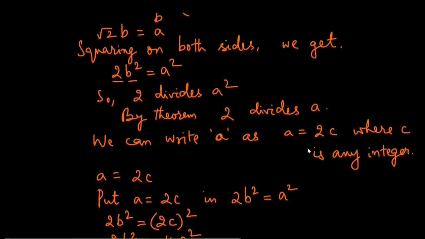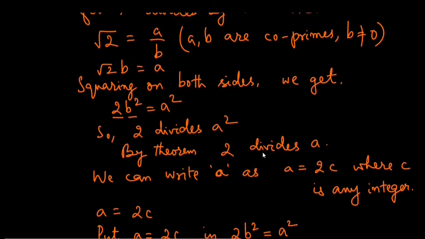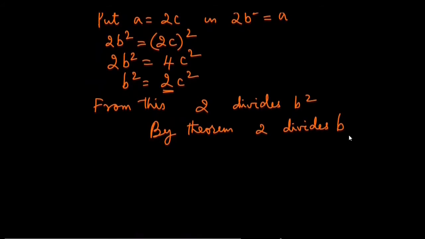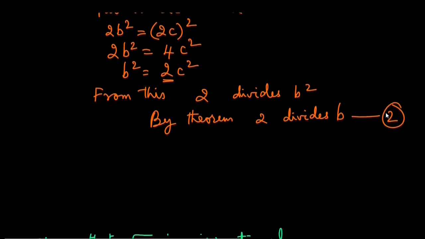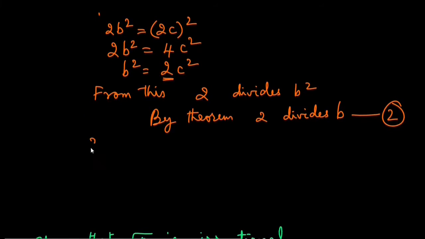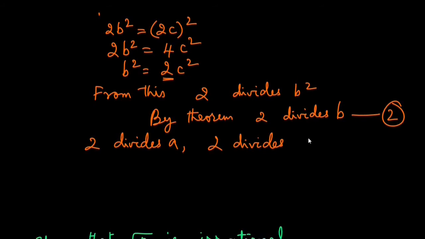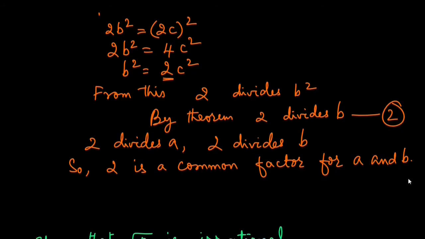Previously we got the result that 2 divides a, and here we got 2 divides b. So 2 is a common factor for a and b.